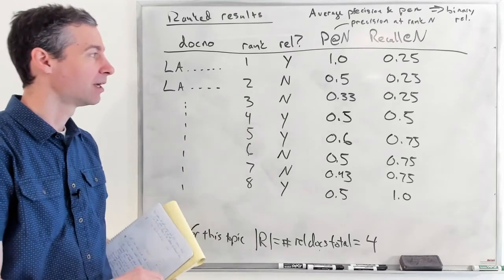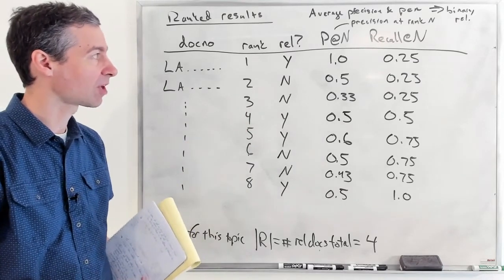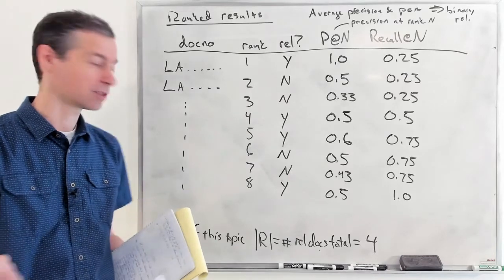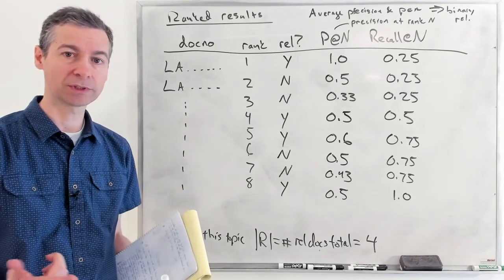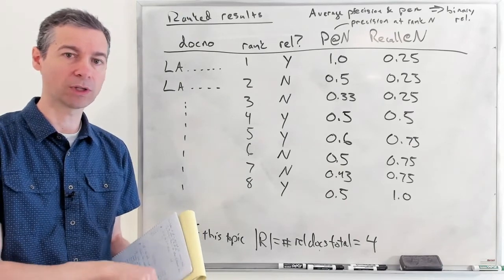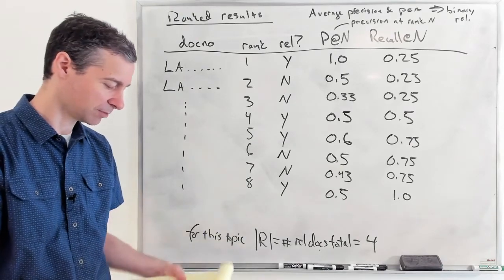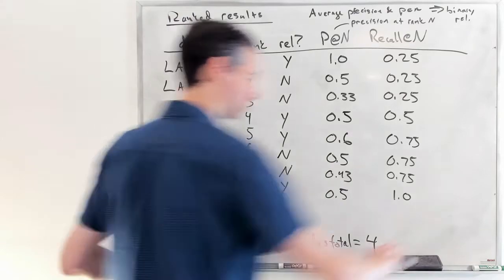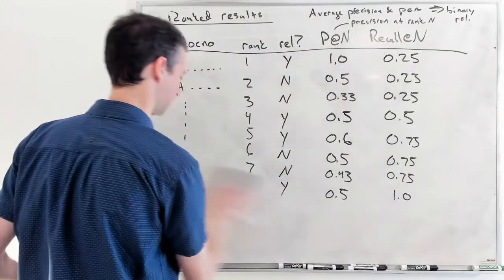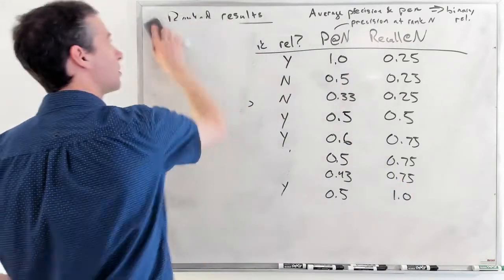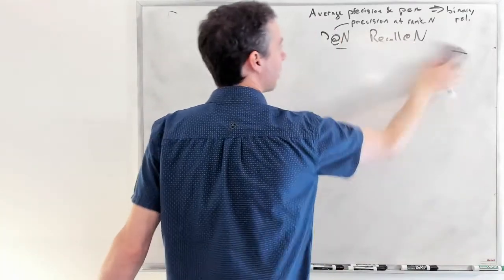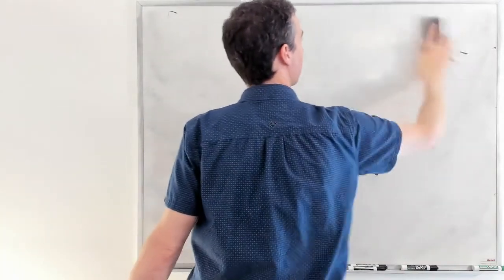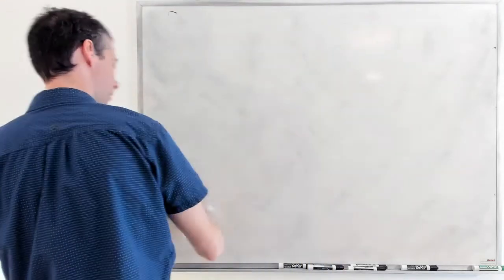What you're going to need to do is have this and be able to refer to it as I go along, because I have to erase it right now. So those are our precisions at a certain rank and our recalls at a certain rank.